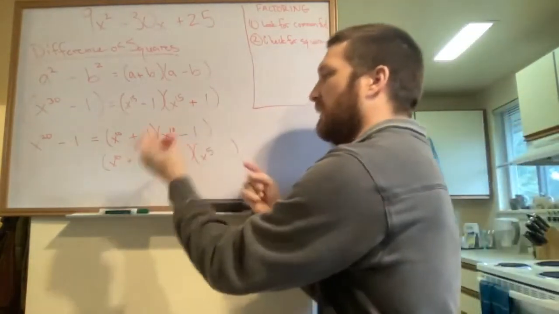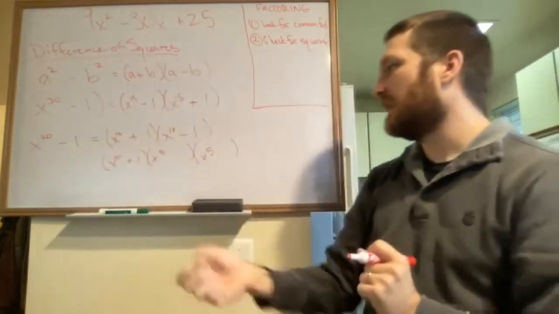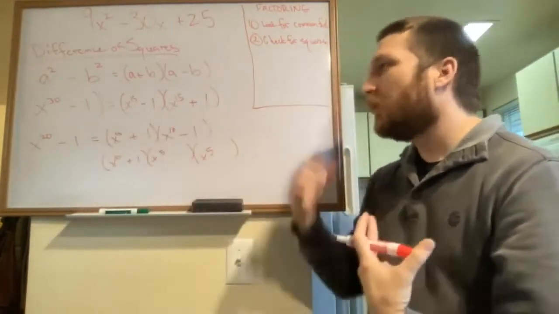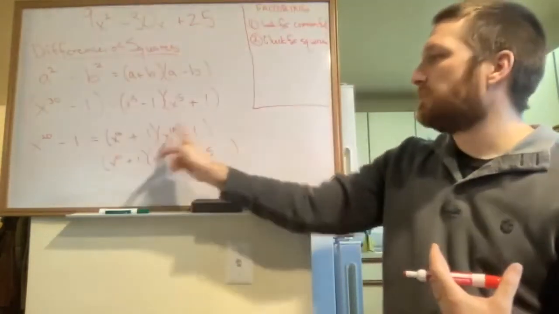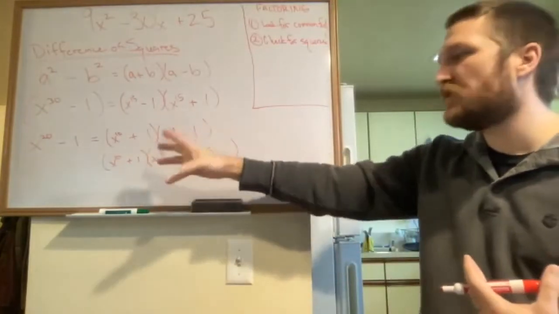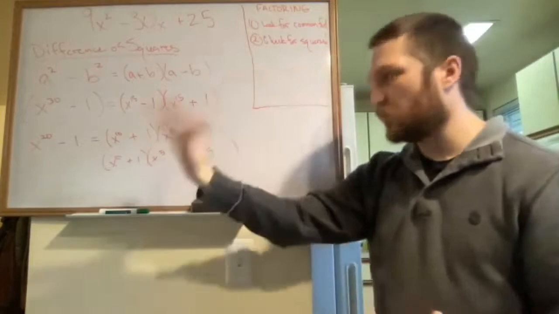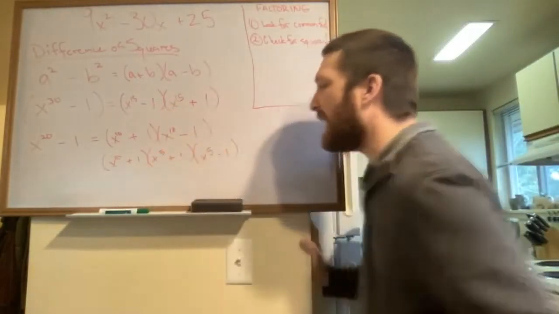When I do my first, I'll have 5 x's and 5 x's come together to give me a total of 10 x's. My outer and my inner are gone, but really what's going on in my head is that this is a difference of squares. x to the 10th is just x to the 5th squared. And so plus and minus like that.